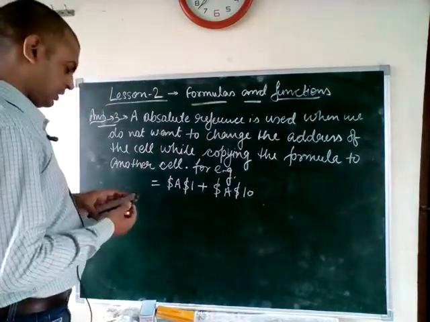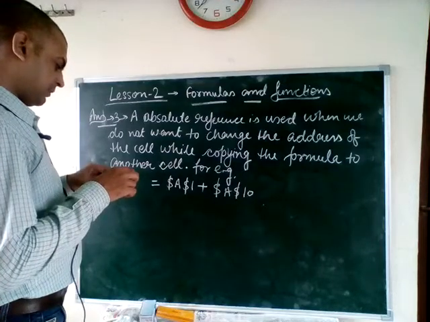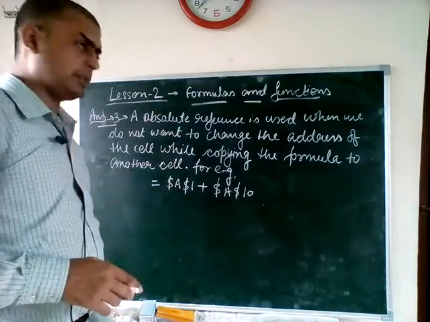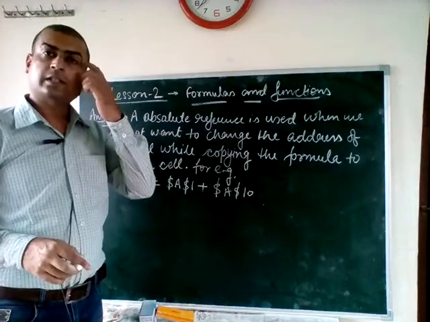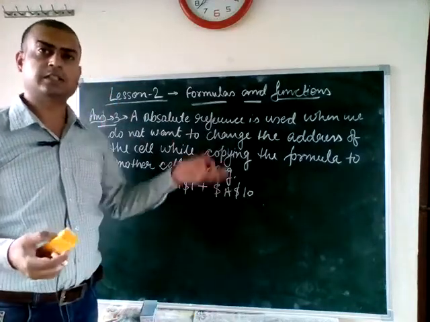Now the next question number 4 is, what do you understand by the term concatenation? Just we have discussed. Concatenation is the word which is used to join the two texts in the third cell.